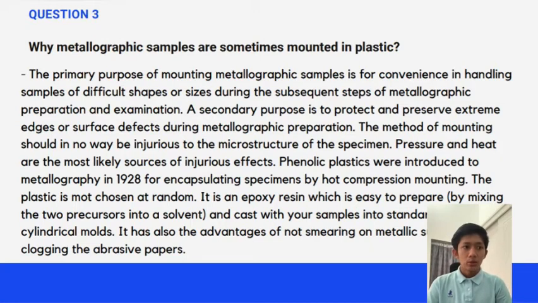The plastic is not chosen at random, it is an epoxy resin which is easy to prepare by mixing the two parts into a solvent and casting with your samples into standard size cylindrical molds. It also has the advantages of not smearing on metallic surfaces and not clogging the abrasive paper.